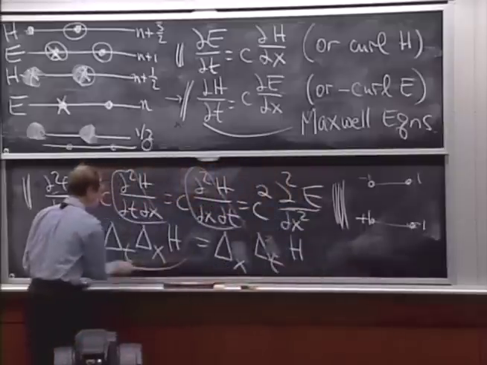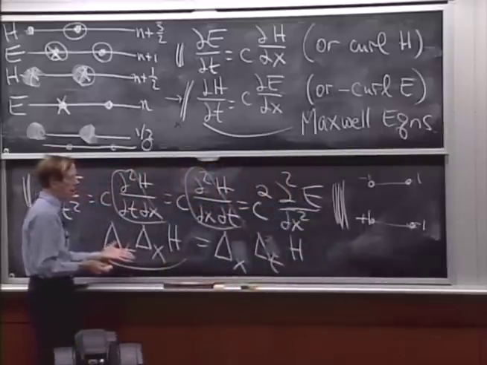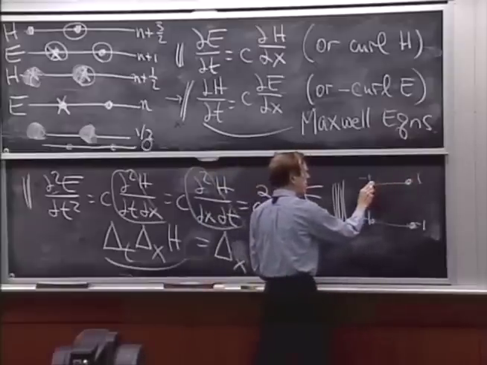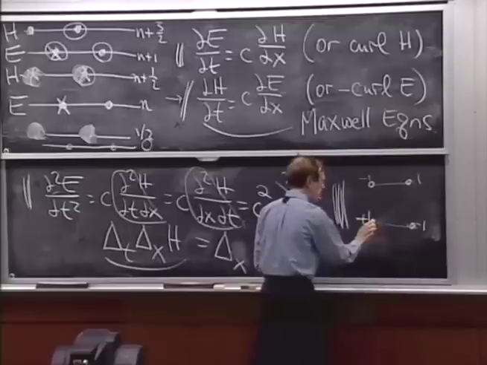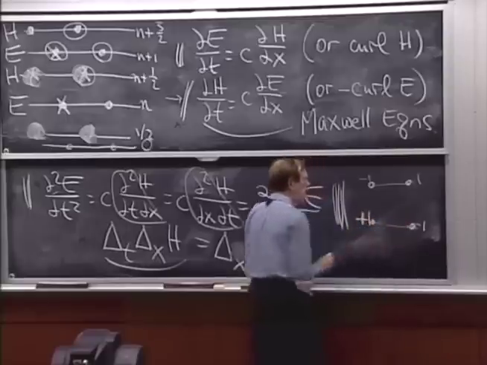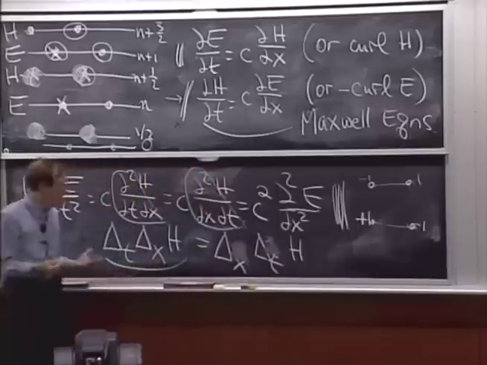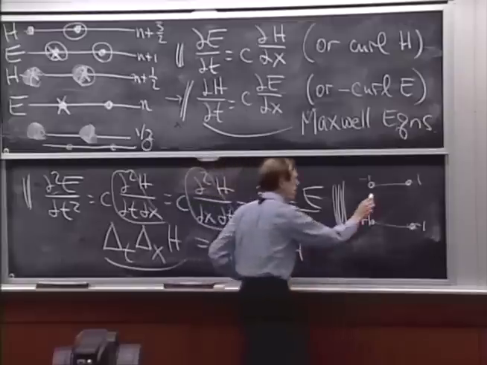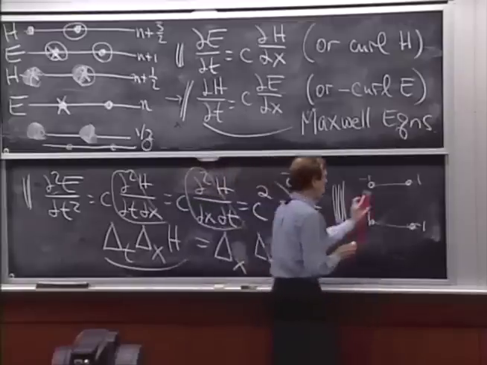What we have here is h at this point minus h at this point, minus h at this point, plus h at this point, plus 1. And I claim that we have the same thing here. That if I take the time differences first, can I do that?